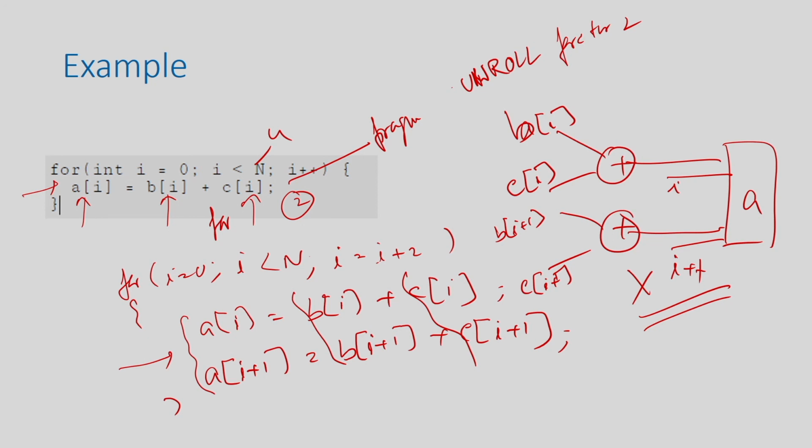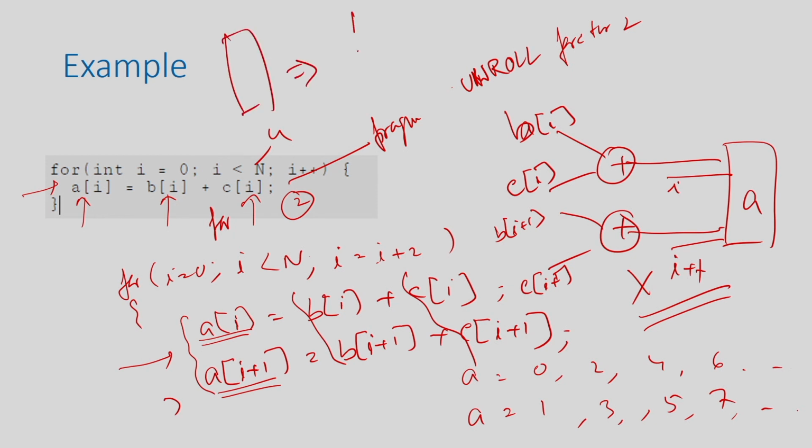Okay. So, even if you take this example, suppose there is a single port array. There are 2 accesses, and you can see what data is getting accessed here: A 0, 2, 4, 6 and so on, and here I am going to access 1, 3, 5, 7 and so on. So, what I can do is split the array A into two arrays, A1 and A2.